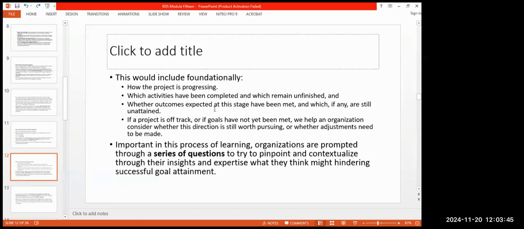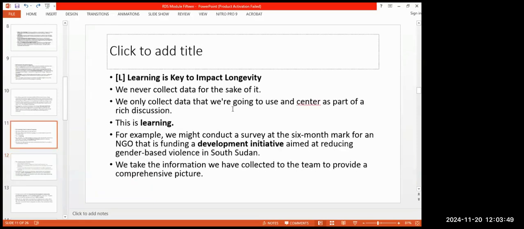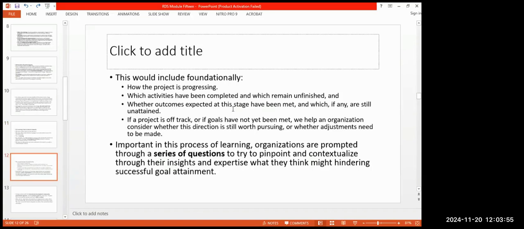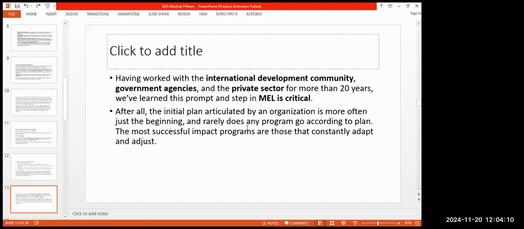So these questions asked to either people who are dealing with monitoring or evaluation can help us to learn and be able to either improve our approaches or apply the same in other similar programs.